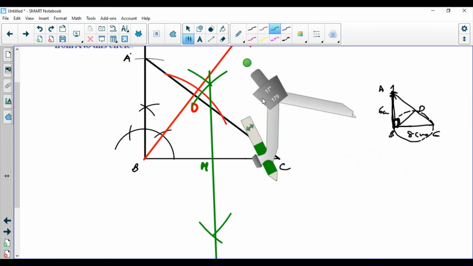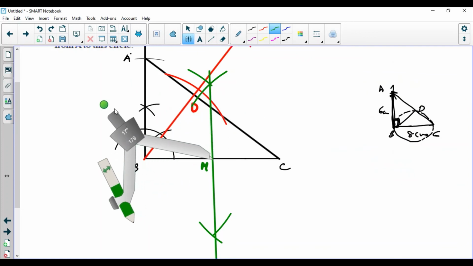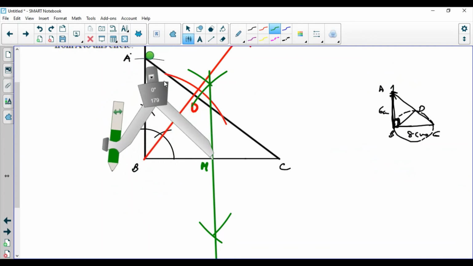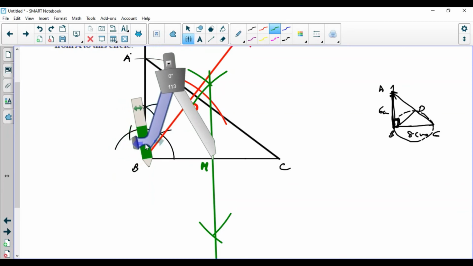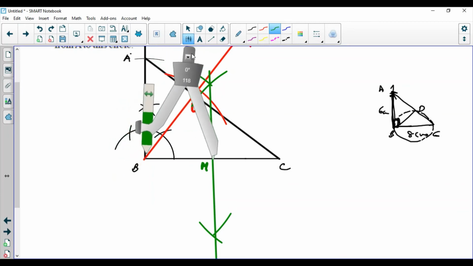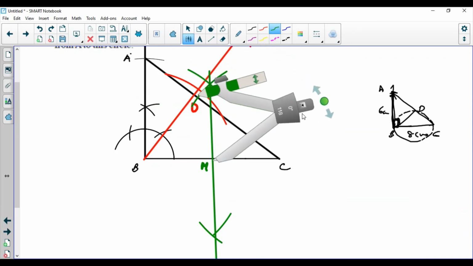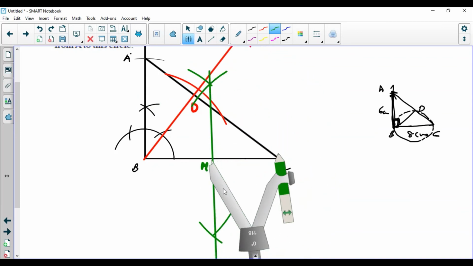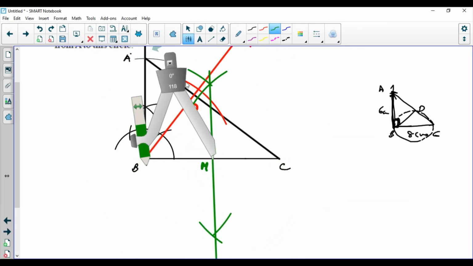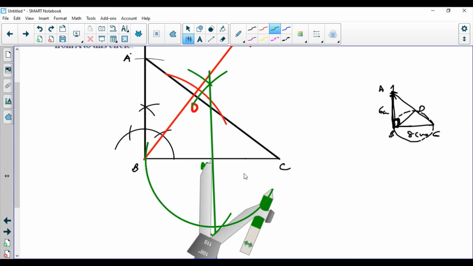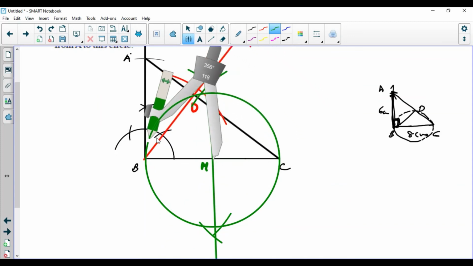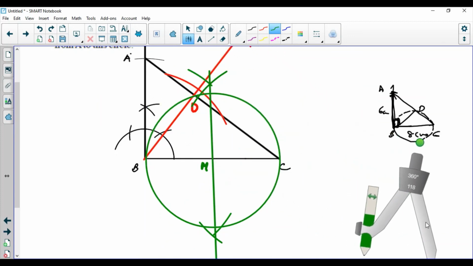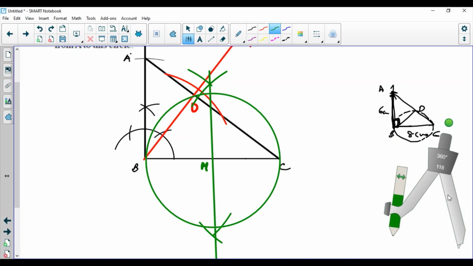Now taking M as center, we should draw one circle, and that circle should pass through B, D and C. Okay, so see, taking M as center, we can draw one circle which is passing through all these 3 points. Okay, so till here we understood what we have done.